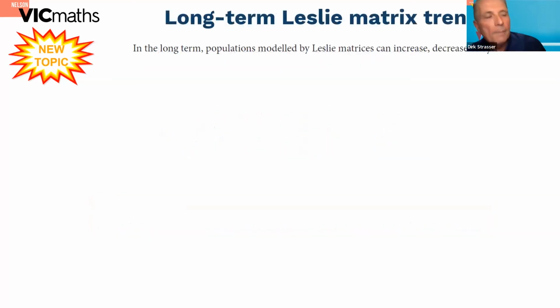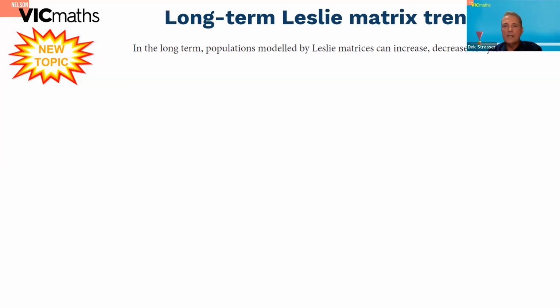Long term, like we looked at what happens long term for transition matrices, we're also looking at it for Leslie matrices. If you remember, for transition matrices, for a regular one, it ends up coming to an equilibrium.